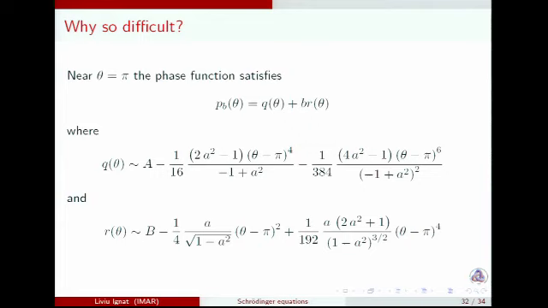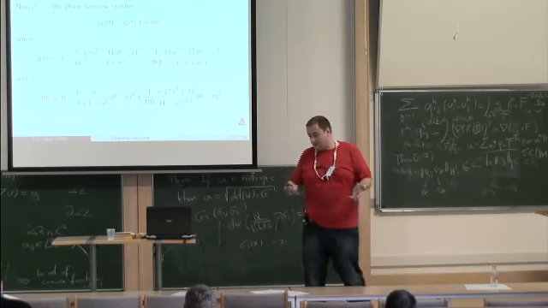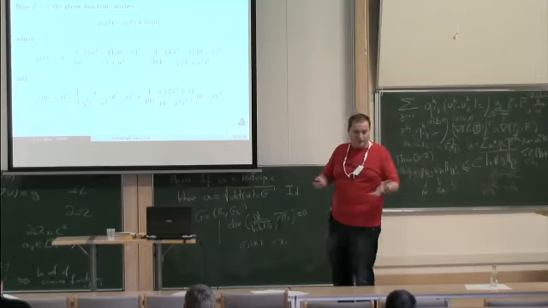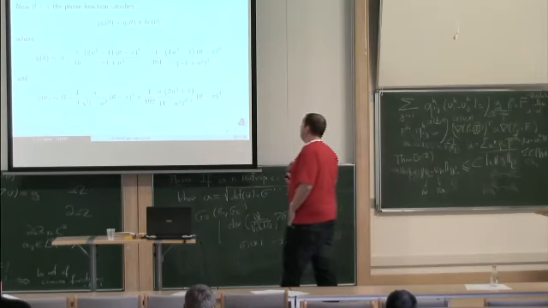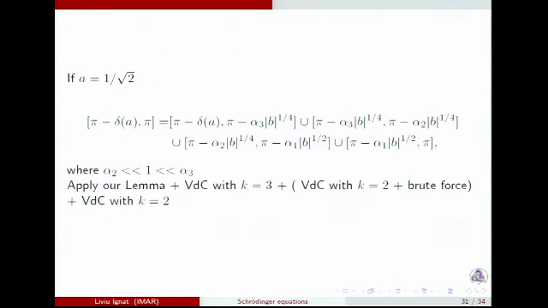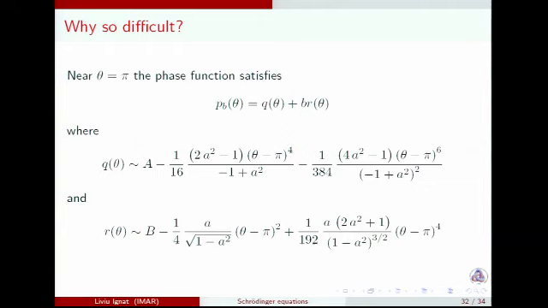why it's so difficult to obtain a result for a not simple oscillatory integral, because we have trigonometric functions there, is that you have a parameter. Here is b. In fact, b is this difference here. So if you have a parameter b, you have 2 functions q and r.